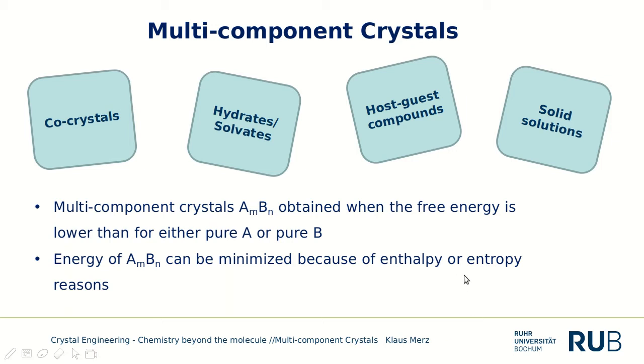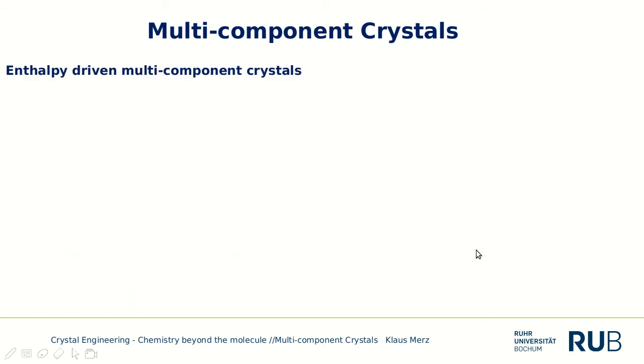So in the background, how can you minimize enthalpy or entropy? If you're looking at enthalpy, then what we see is that the interaction of AB is more favorable than the interaction of a system with itself, as AA or BB.